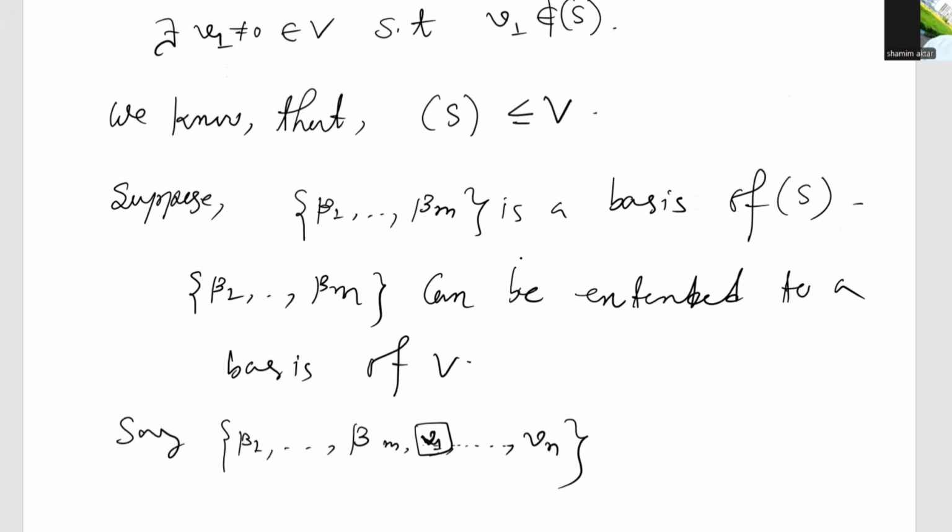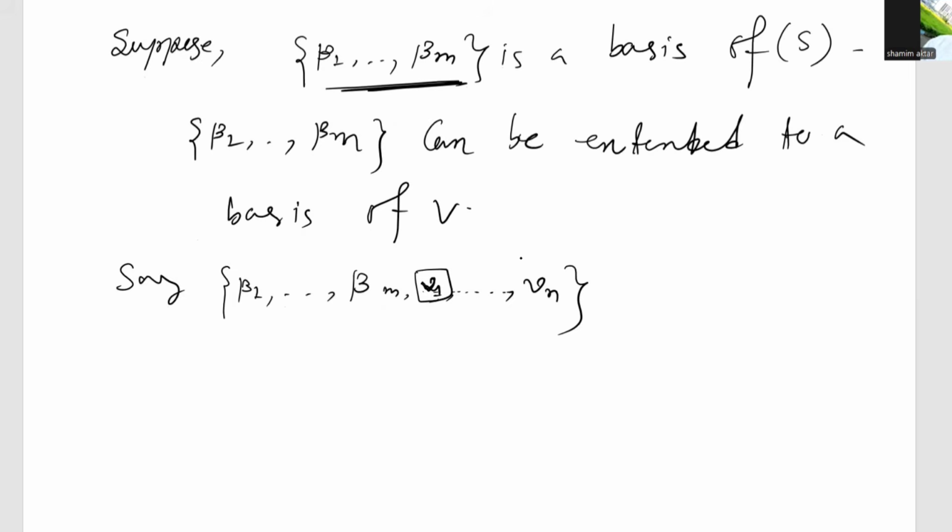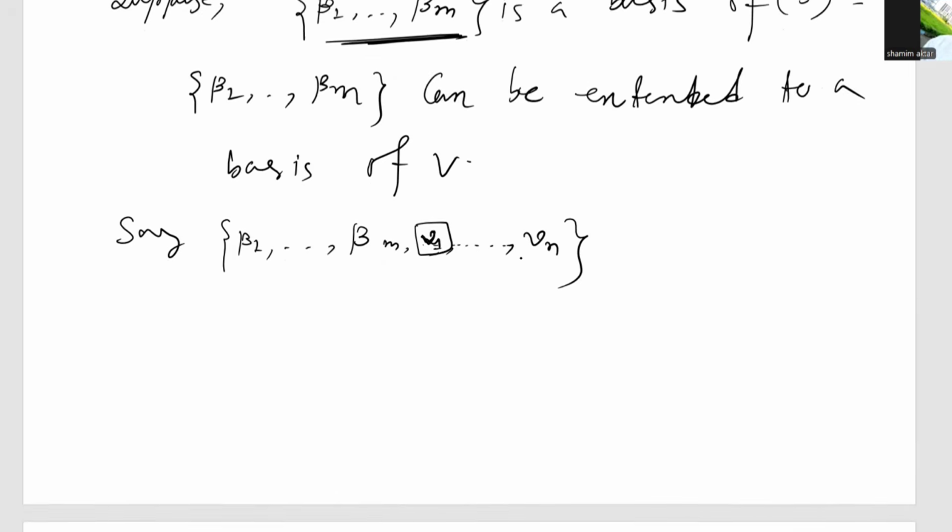Because this is a linearly independent set. If v1 does not belong to span of S, then this set beta 1 comma dot dot beta m and also v1 is also linearly independent. This is an if and only if case. So v1 belongs to a basis of V.